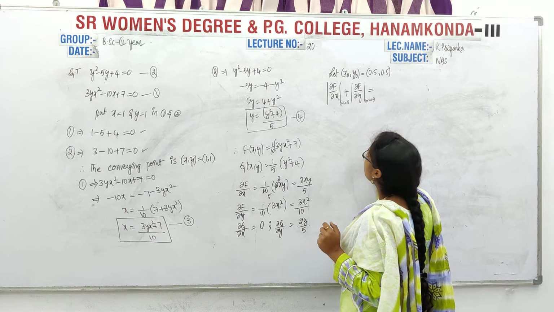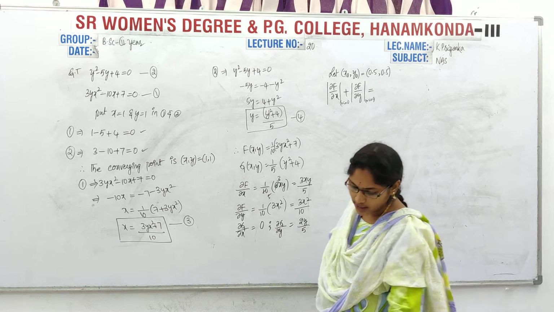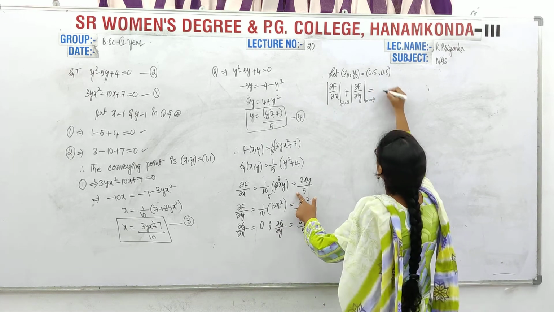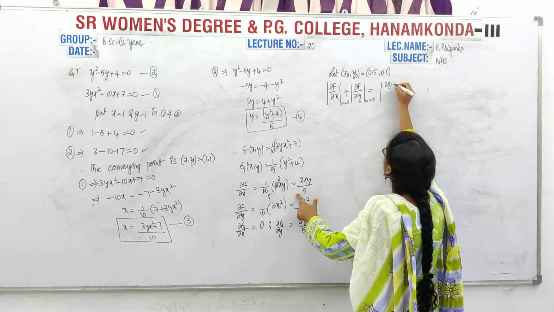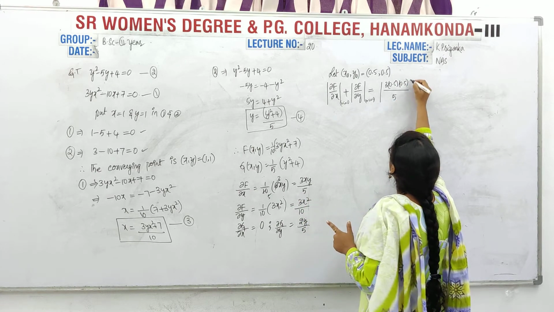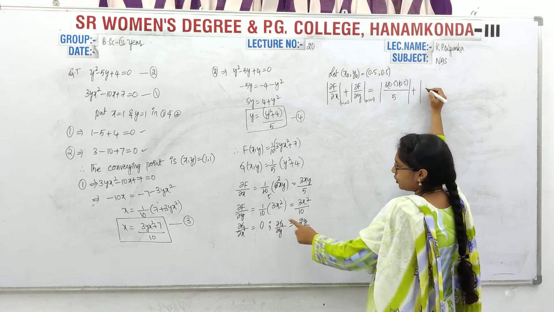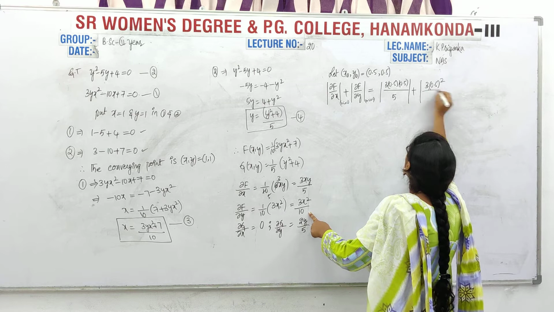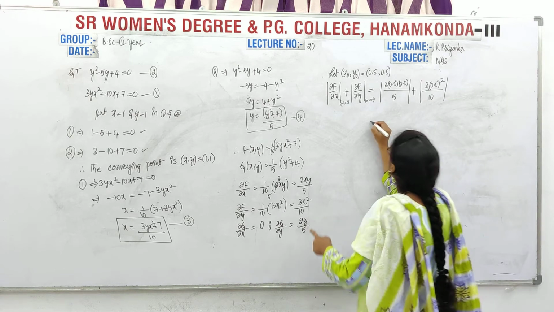The meaning of this is we have to put the x value and y value as this. Now dou f by dou x means modulus of 3 into 0.5 into 0.5 by 5, plus dou f by dou y means 3 into 0.5 whole square by 10. Now calculate these values.